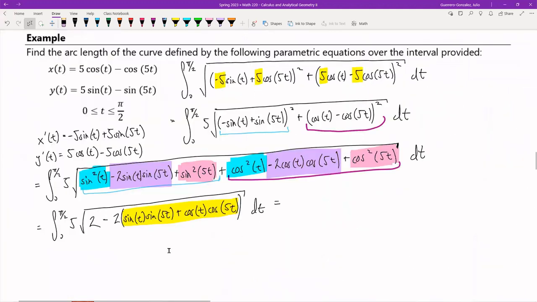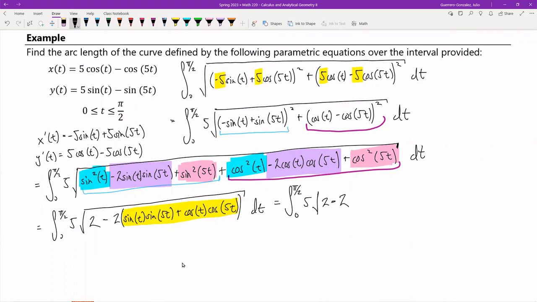7.2. All of that reduces down to, and I'm going to draw it in right here, the integral from 0 to pi over 2, 5 times the square root. Let me not put the roof on it yet. 2 minus 2.